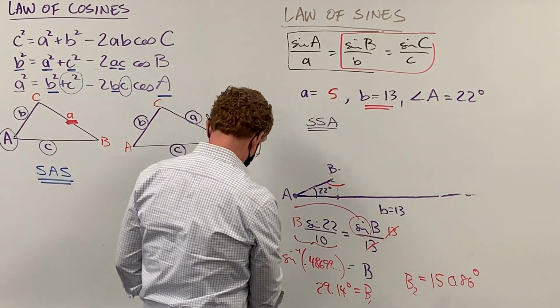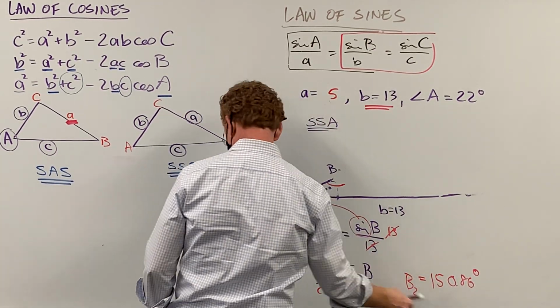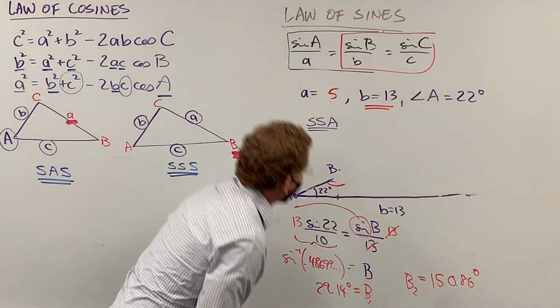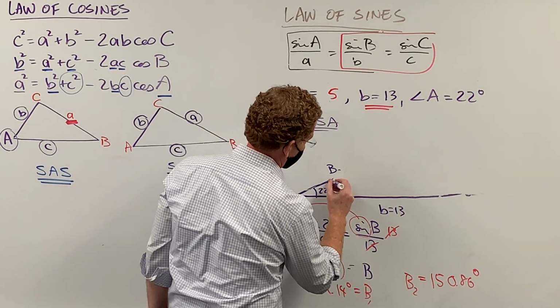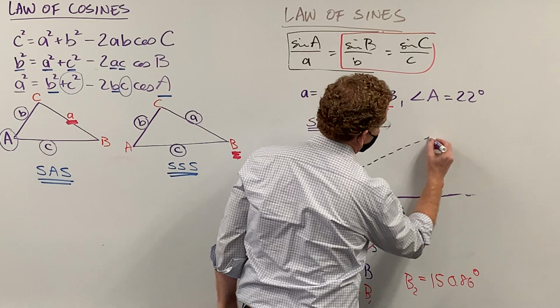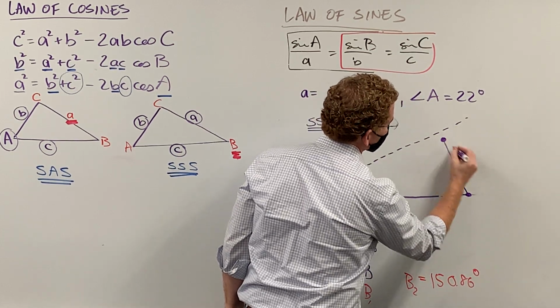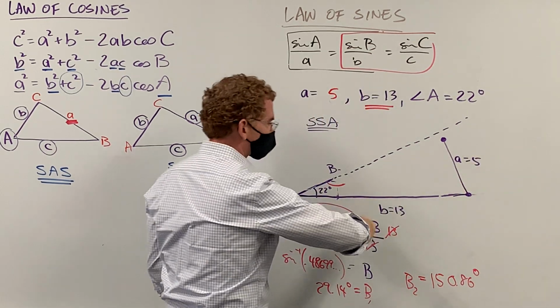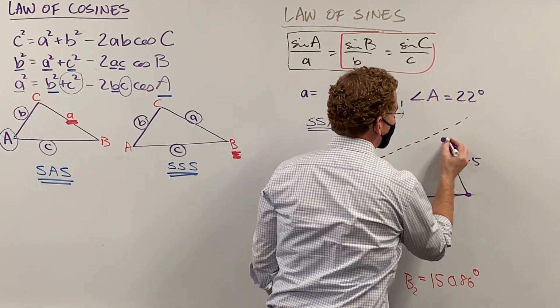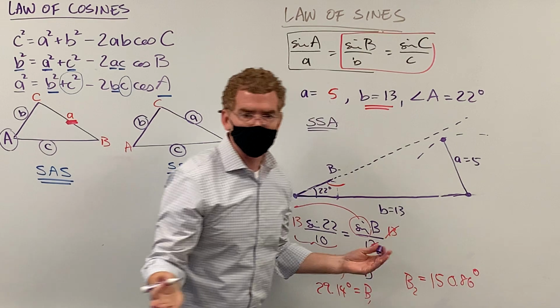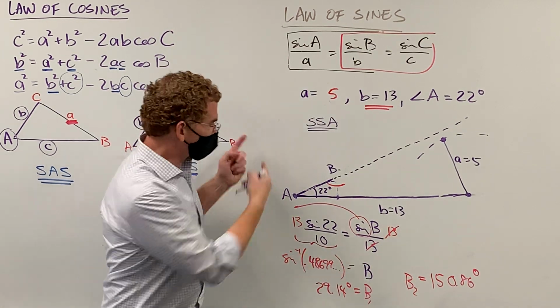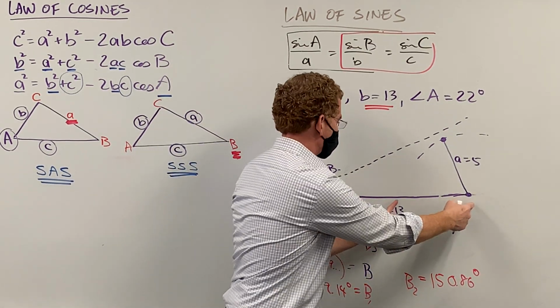If this is 13 and side A is 5 and A is too short and doesn't make it back when you open it up, it doesn't hit at all. Are you with me? Like this information right here, A is 5, right?